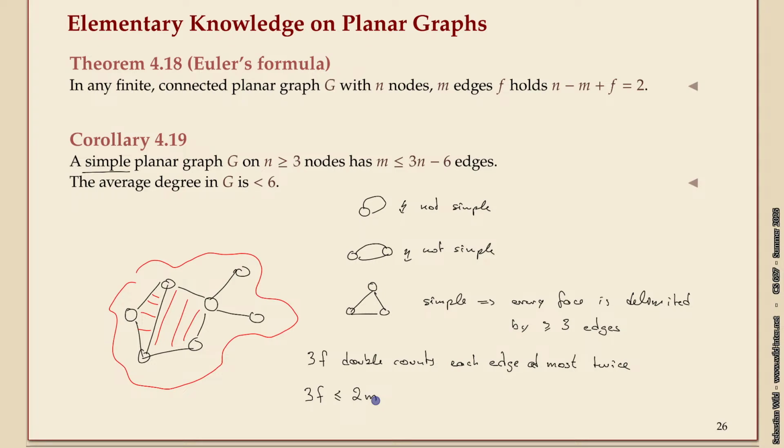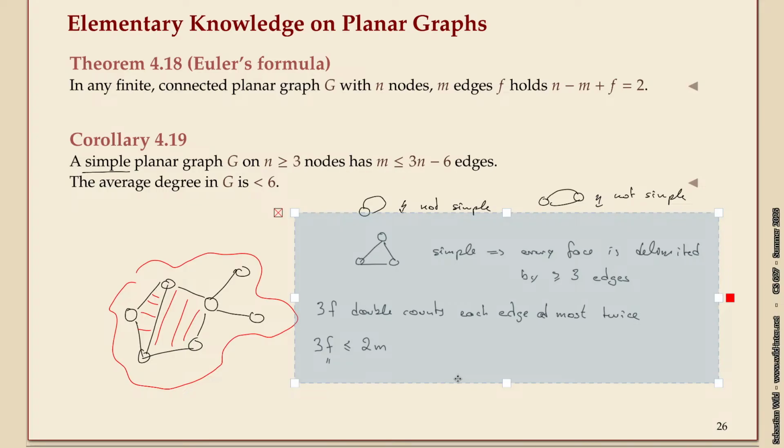But then I can also insert what I know about f. Let me move this a bit. So what do we get? 3 times, and then it's 2 minus n plus m. I'm just solving this for f, and hopefully don't goof by doing it.